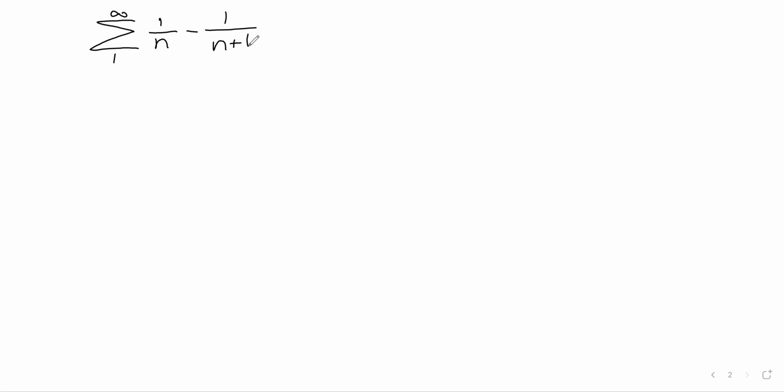So the first partial sum, remember, these partial sums are what you get if you replace that upper bound with, well, in this case, with 1. So it's 1/1 minus 1/2.